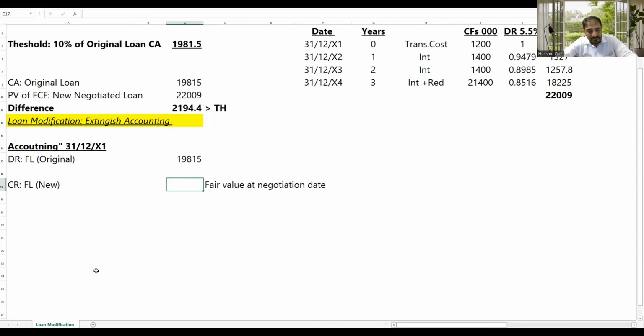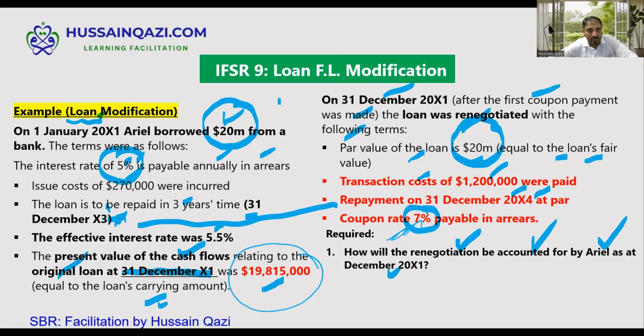And what is this? This is the fair value. It's mentioned that the par value of the loan, meaning the carrying amount of the loan, 20 million, is equal to the loan fair value. If the loan fair value is not given in the question, some information will be provided by the examiner, where you need to calculate the fair value in terms of present value of future cash flow.